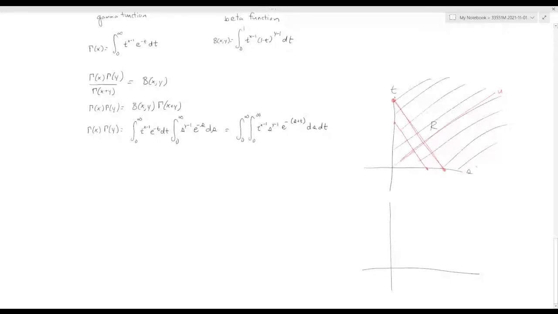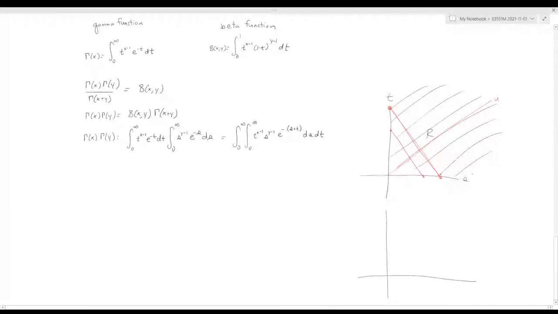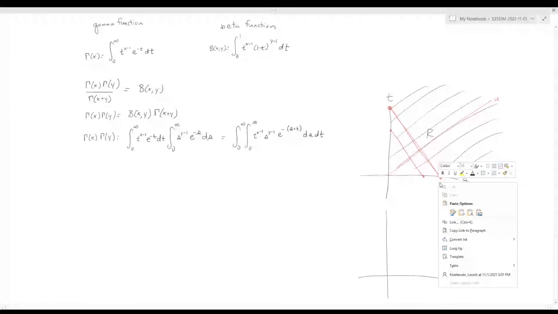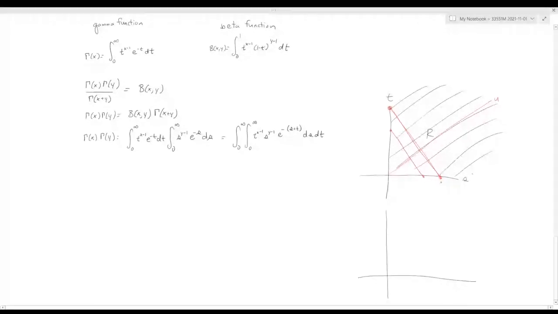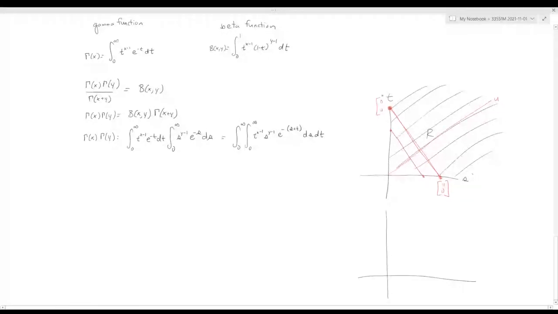So this would be the point. We want to make this the line where the intercepts are u. So let's just say this is the point u0, and here we have the point 0u, for some given u.